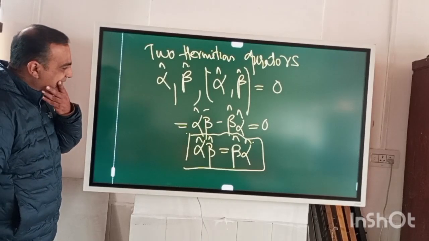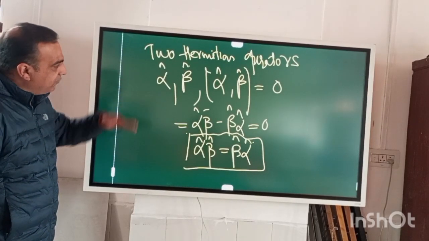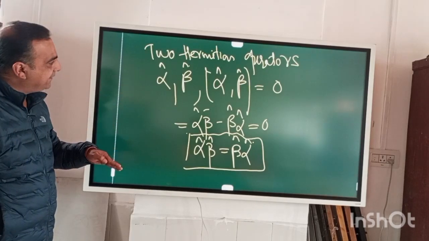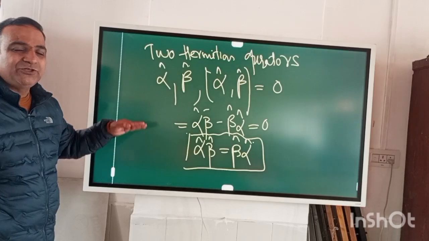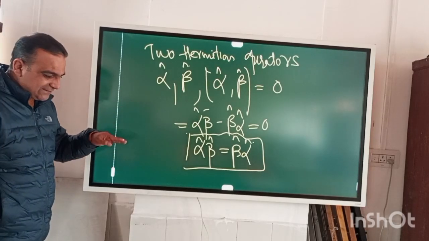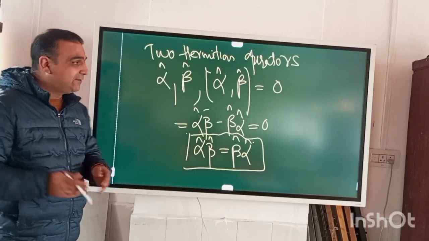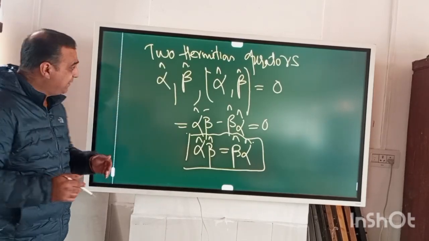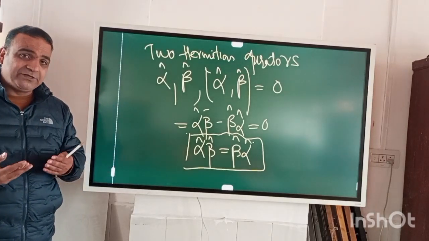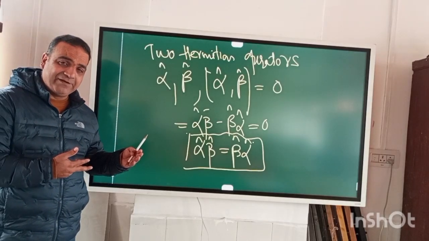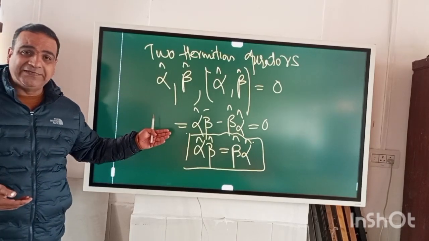Now, the question is that I want to prove, if these conditions are involved in my problem, that the product of alpha cap and beta cap is also a Hermitian operator. So everything is built in a systematic way. Alpha cap is a Hermitian operator, beta cap is a Hermitian operator. For alpha cap to be a Hermitian operator, the wave function that's linked with alpha cap has to be a normalized wave function. And the same thing is true for the beta cap.